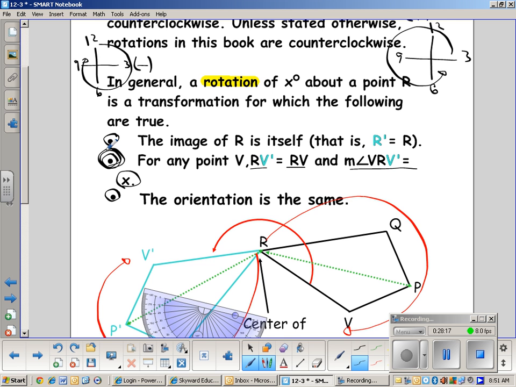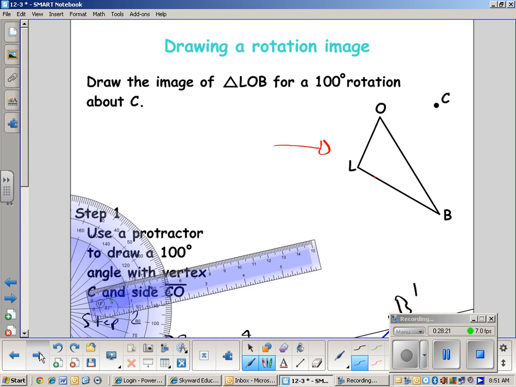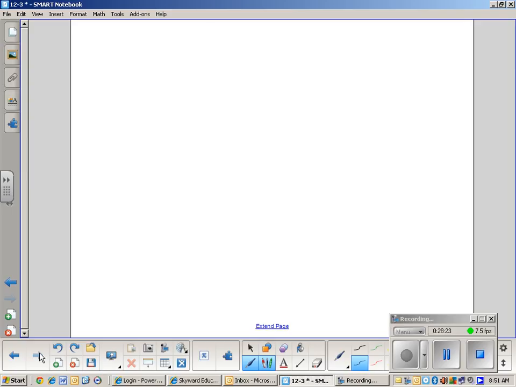Okay? All right. Your assignment's going to be, please write this on your paper. Don't circle them in your book. That really annoys me when you write in your book. This is lesson 12.3. I don't know what page that is. 1, 3, 5.